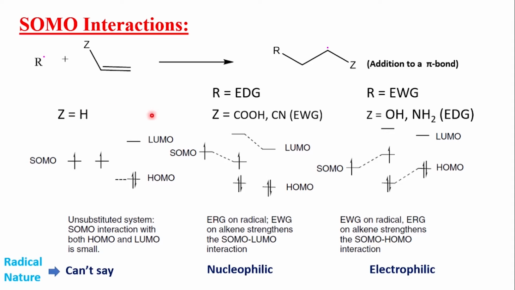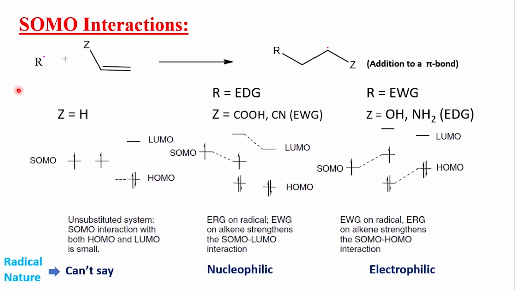First one is the unsubstituted system. Second one, R radical is electron donating, Z is electron withdrawing. Third one, R is electron withdrawing, Z is electron donating. In the unsubstituted case, SOMO and LUMO, SOMO and HOMO have equal energy difference, so we cannot easily predict whether the R radical acts as a nucleophile or electrophile.